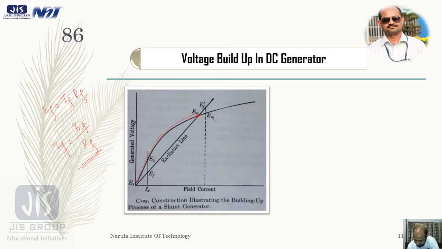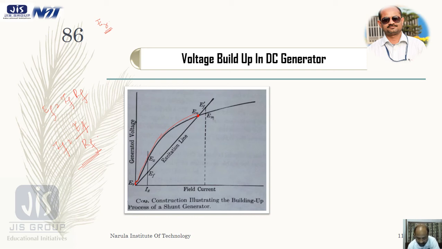Now this residual magnetism causes the generation of voltage ER. Due to the residual magnetism, there is a small voltage ER in the DC generator, which sets up a current in the field as I have mentioned.